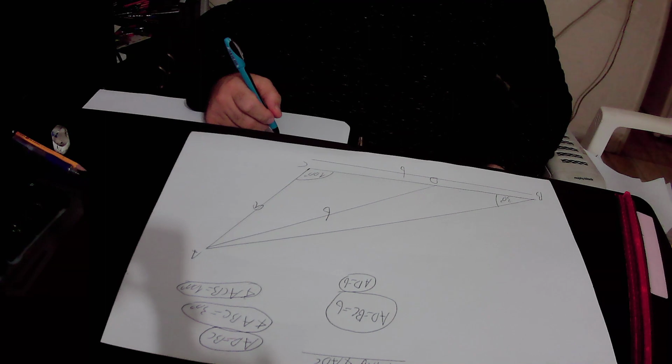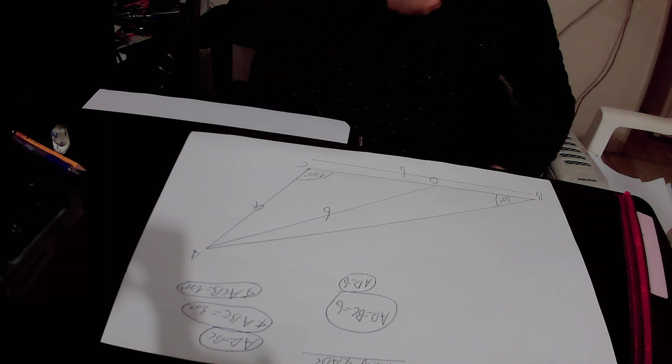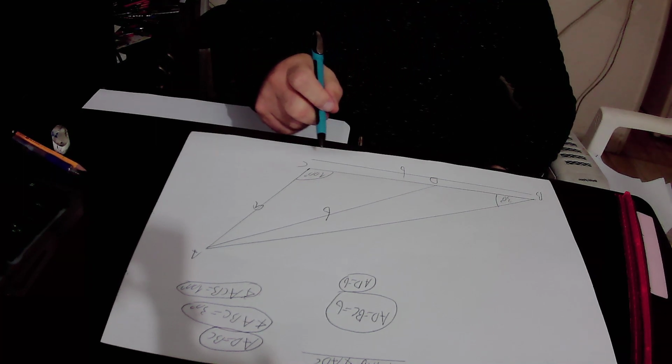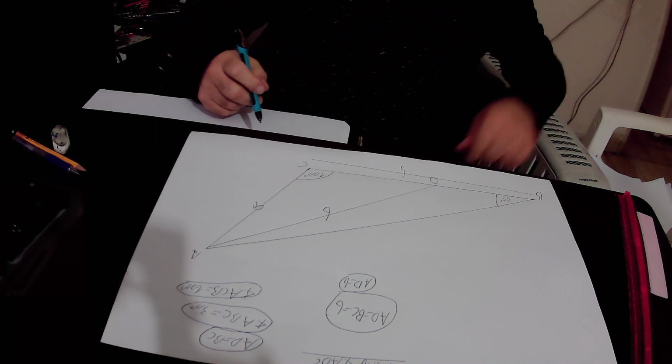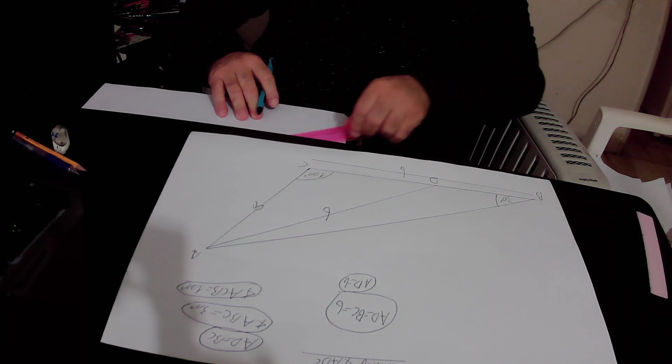Here I will copy triangle ABC in a new page, and we will implement the law of sines in this triangle ABC.